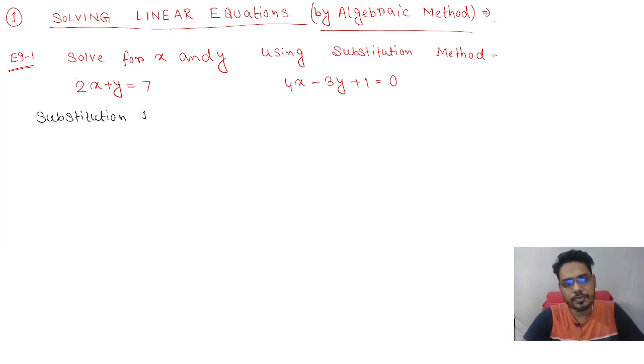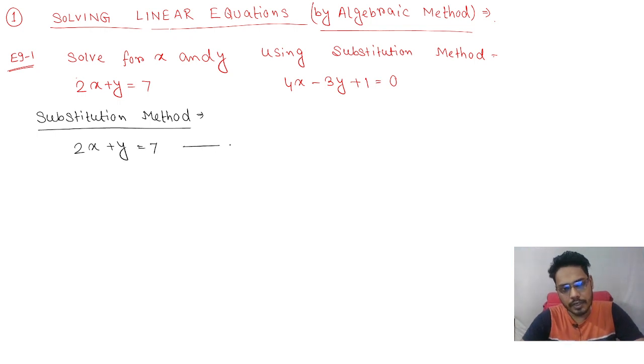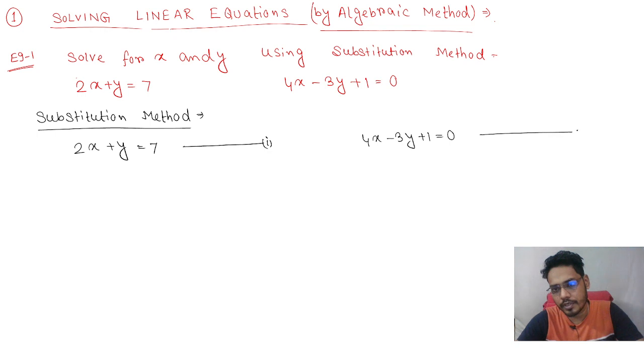We will substitute. First we have to write two equations individually. 2x plus y is equals to 7, it will be equation number 1, and 4x minus 3y plus 1 is equals to 0, it will be equation number 2.